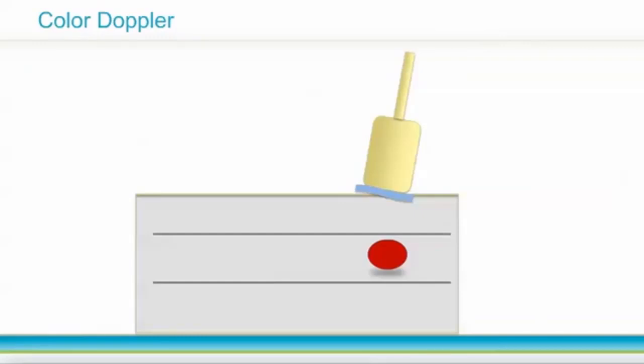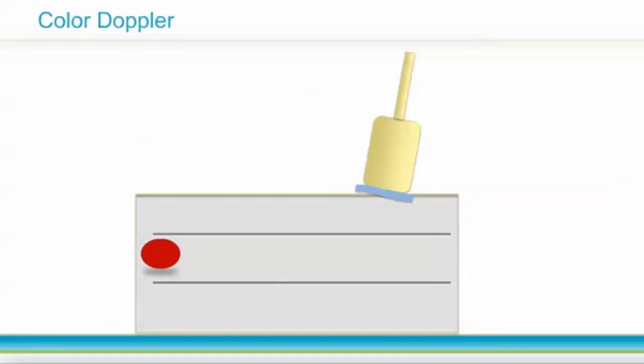Color Doppler is used to identify and enhance the imaging of blood flow within structures such as vessels or the heart. Very simply, the ultrasound waves emitted by the transducer bounce off of moving red blood cells and return to the transducer. They will return with a variable frequency depending on the movement of these blood cells. If the blood is moving away from the probe, they will return less and less frequently.